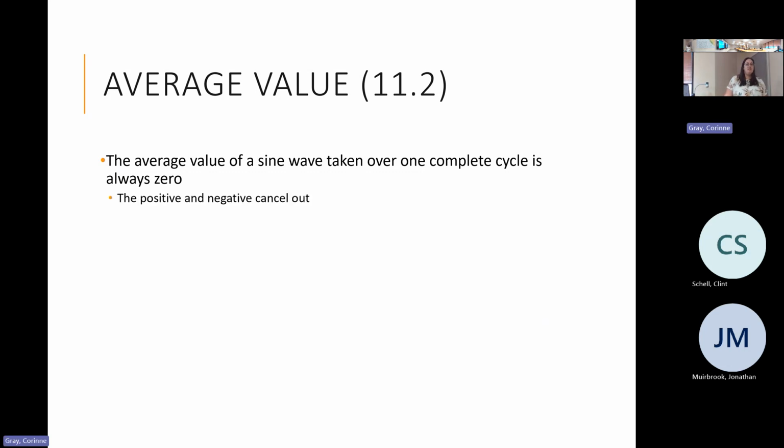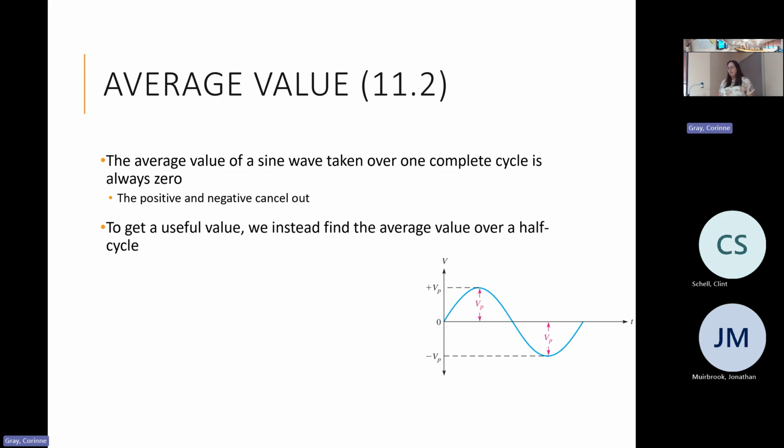This is just because all the positives and the negatives cancel out because a sine wave is symmetrical. So this means that if you are being asked for an average voltage or an average current, we are only going to look at half of a cycle.